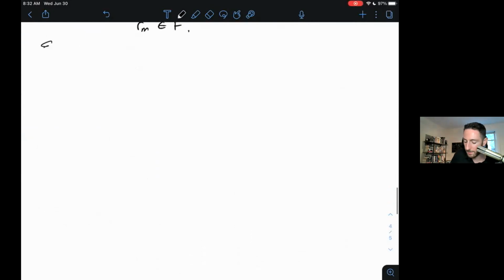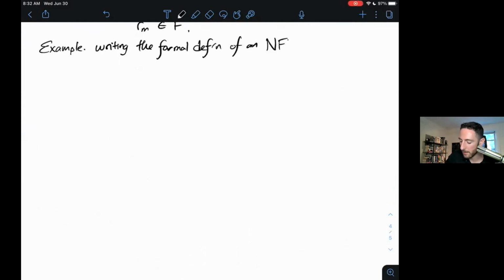So here's our example, writing the formal definition of an NFA state diagram. So we'll write down an NFA state diagram that we've seen before.